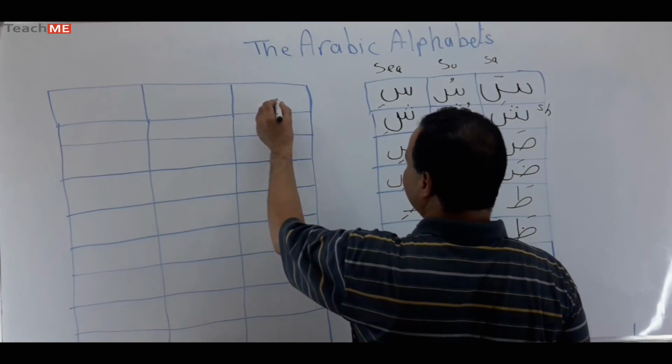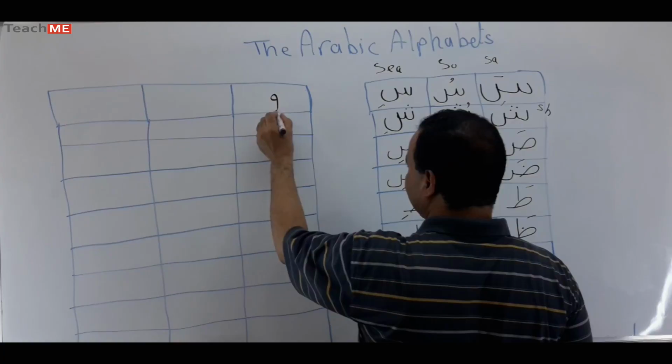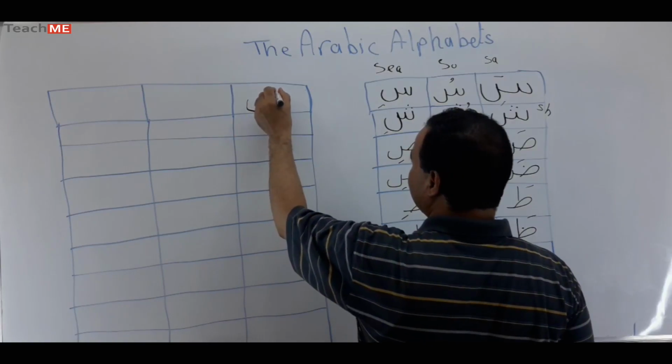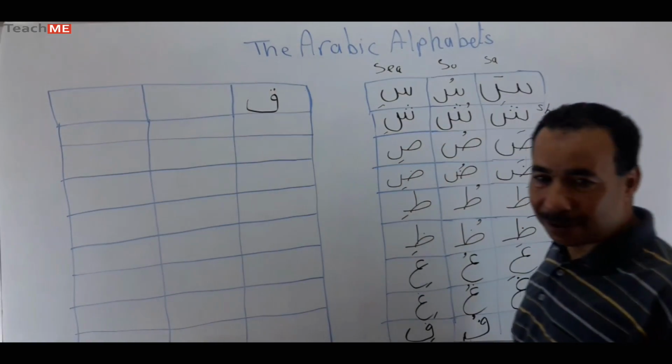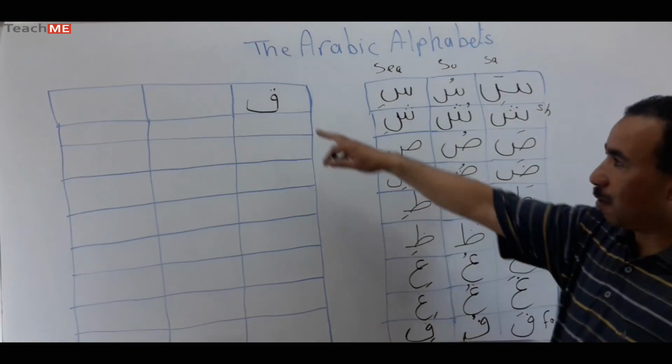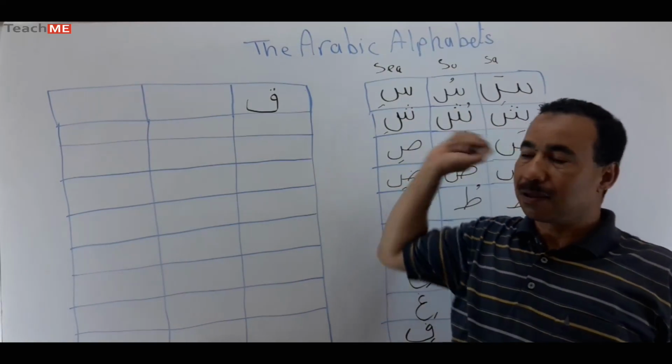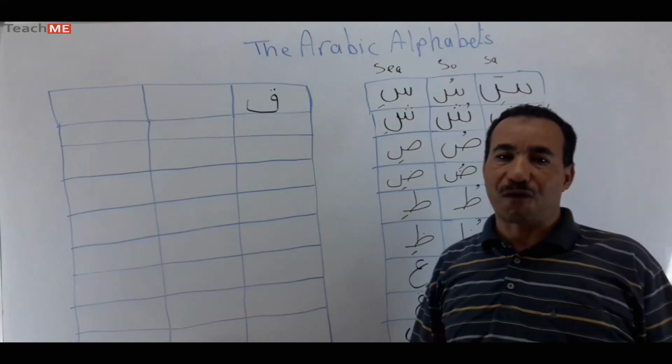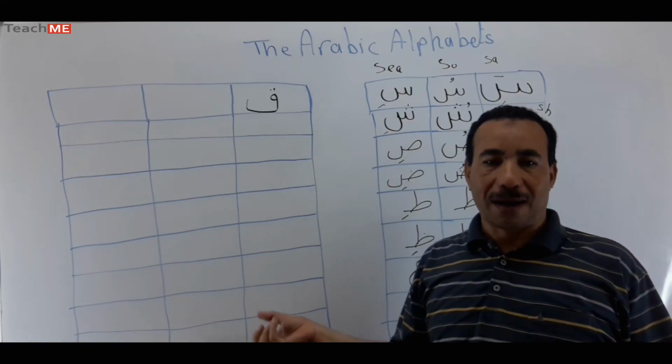The second letter after that is Qaf. It's like Fa, the same, but it has two dots. Here one dot, but here two dots. This is the name of the letter, Qaf.